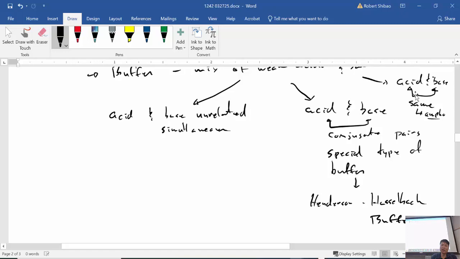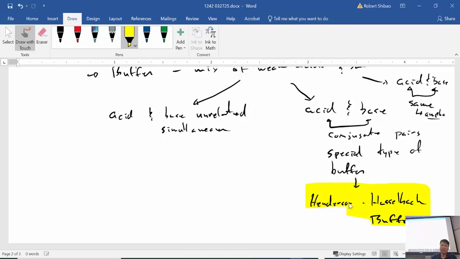But the behavior is quite a bit different than the Henderson-Hasselbalch buffer. We're only going to talk about the Henderson-Hasselbalch buffer. That's the easiest, and we don't have to deal with simultaneous.